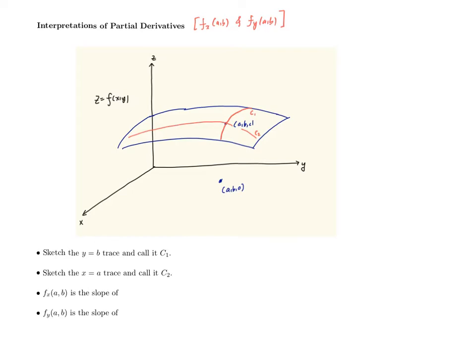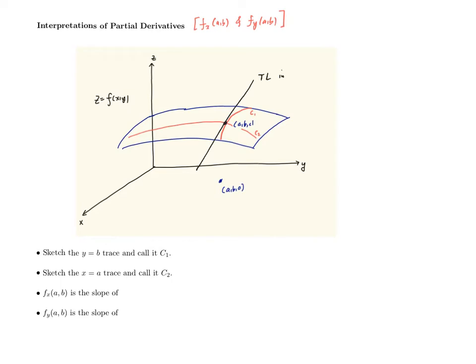And now we can interpret both the partial with respect to x and the partial with respect to y at that point a, b. If we look at the curve C1, the curve C1 has a tangent line to it in that y equals b plane. And the tangent line in that y equals b plane has slope determined by the partial derivative with respect to x.